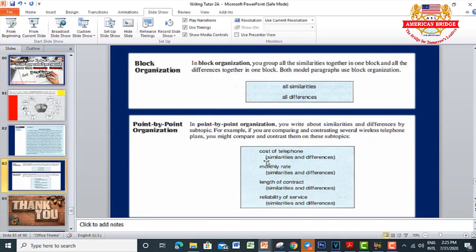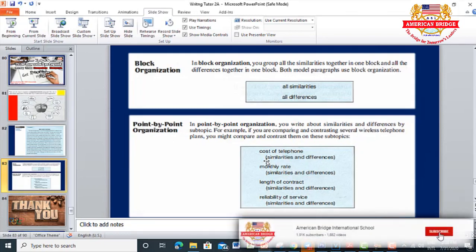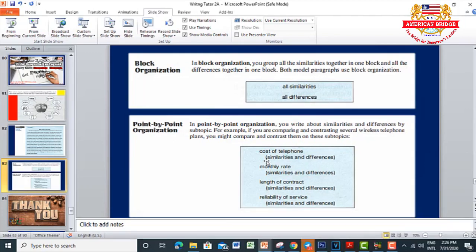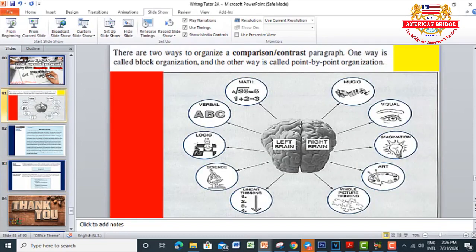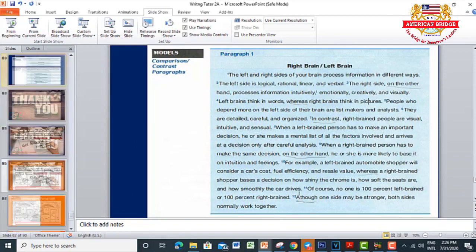But in point by point organization in the paragraph, for example, you talk about the cost of telephone, you compare the similarities and the differences. When you talk about monthly rate, you talk about the similarities and the differences at the same time. Okay, hope you get some concept from here.